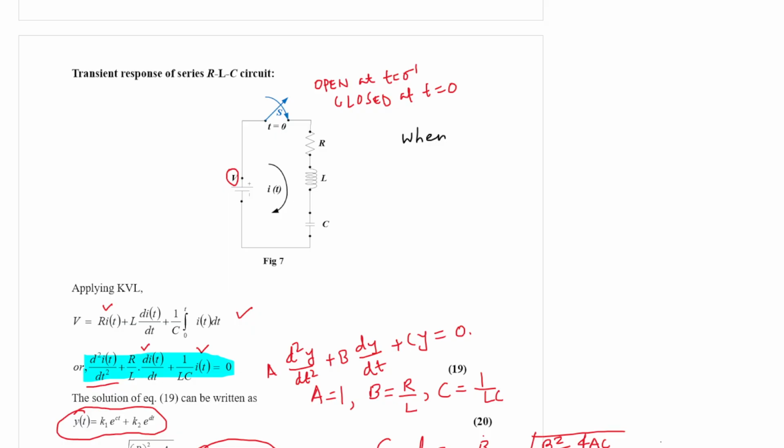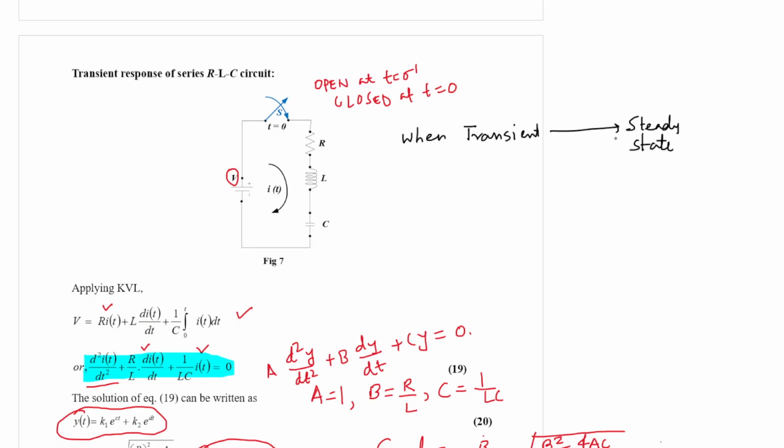So when a transient state occurs, it reaches the steady state from the transient state. And it requires some time.